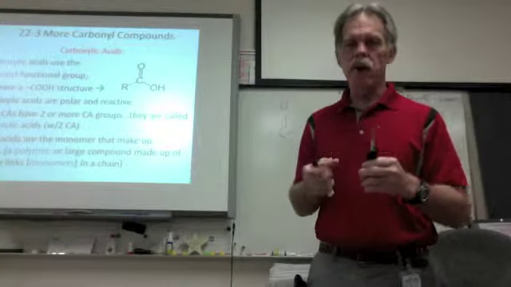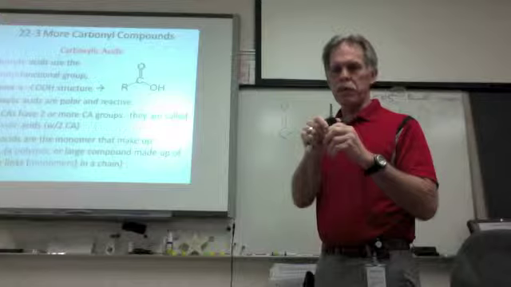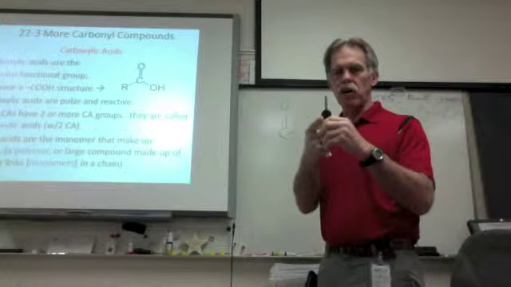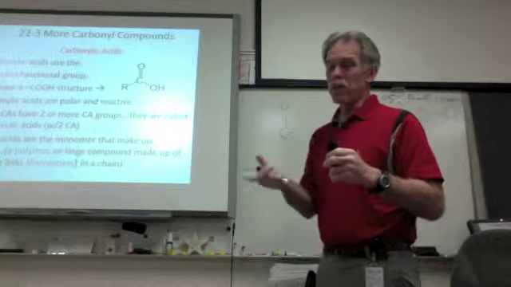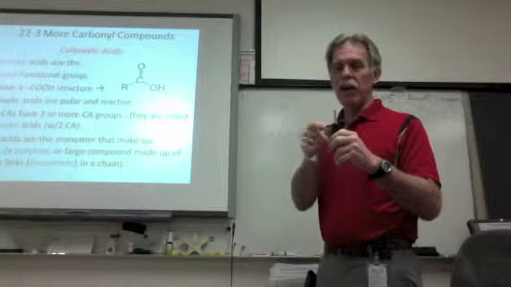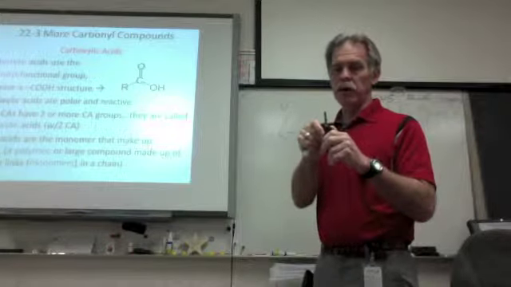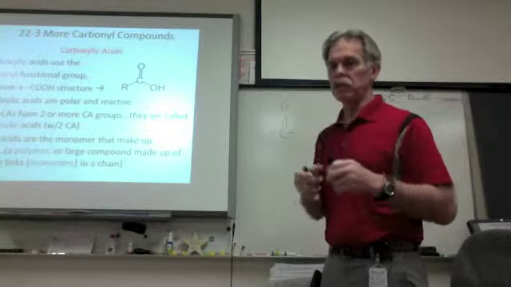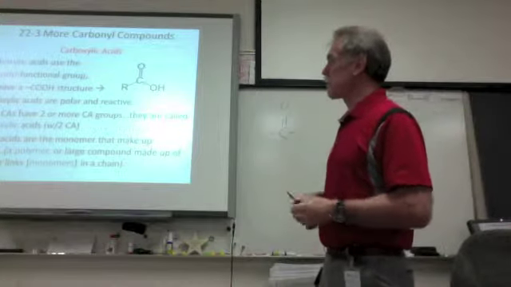They're not always totally equal. They might be different, but keep in mind the general model has an R on both sides, so symmetrical. And then from there you can remember the aldehydes that aren't. They have an H on one side, and maybe an H on both sides, but they have at least an H on one side. And so we're going to move on and talk about carboxylic acids.